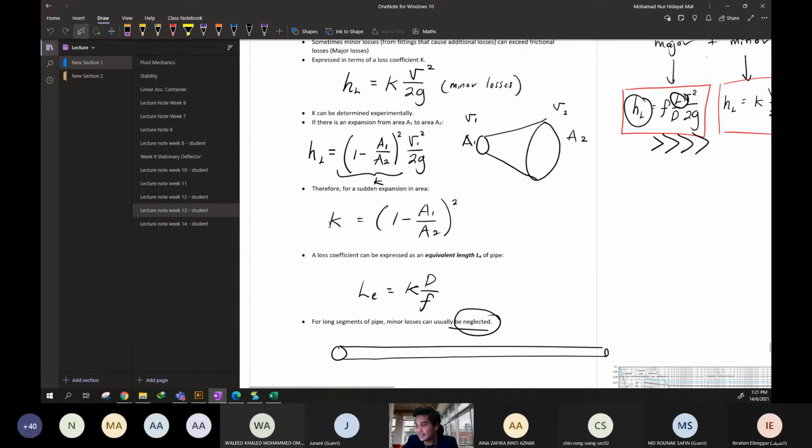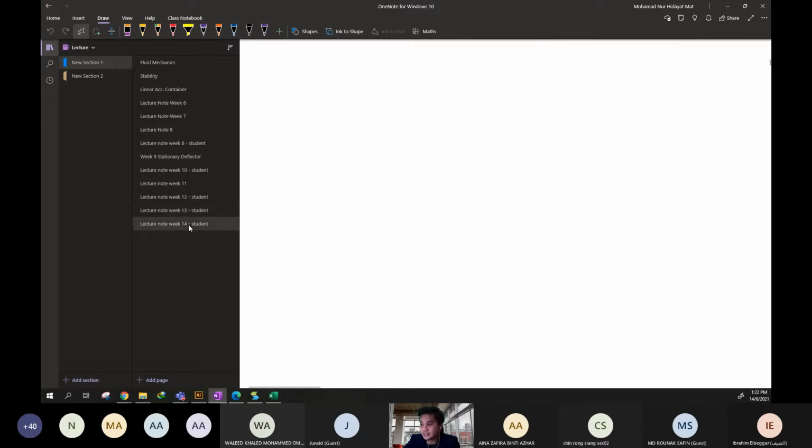You can see K, the sudden expansion or sudden contraction. Because of the sudden change of geometry, we have minor losses, and this contributes to the loss in the hydraulic grade line, or loss in the energy of the fluids.